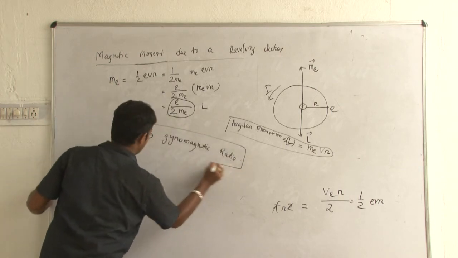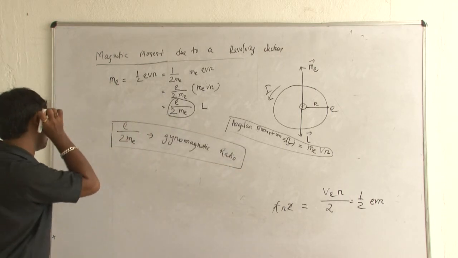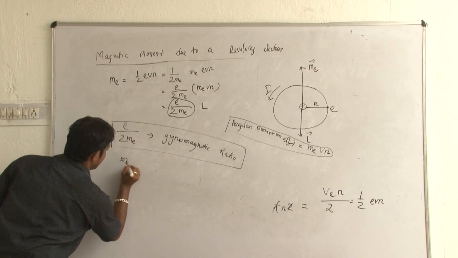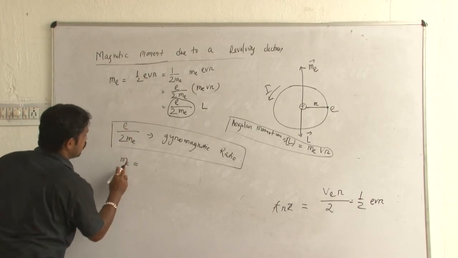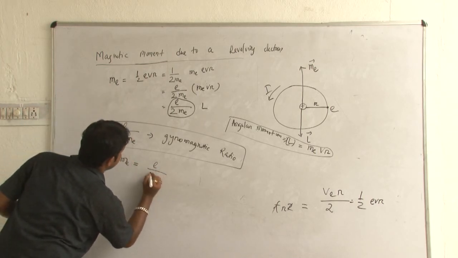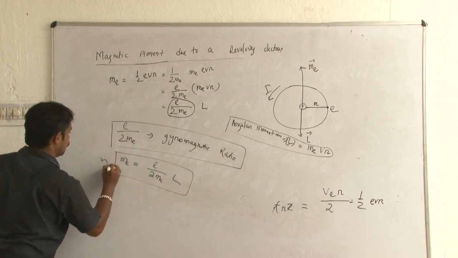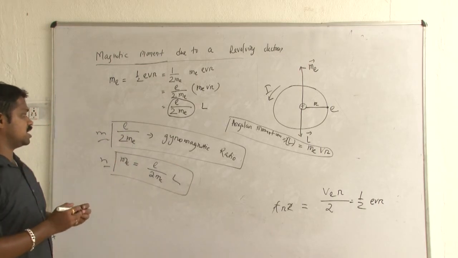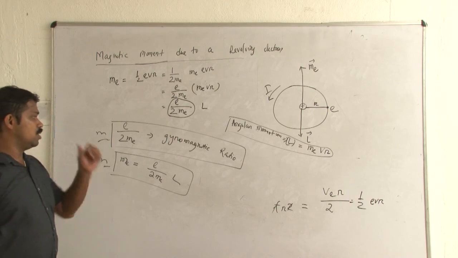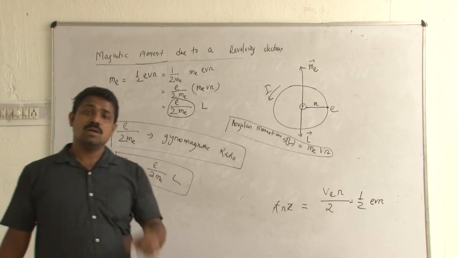This ratio has very important significance. So this is called the gyromagnetic ratio, and this is my final magnetic moment, that is e divided by 2 m_e into L, in terms of angular momentum. Understood all of you? Clear?